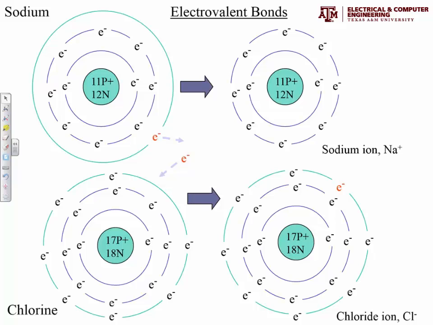When it loses an electron, it acquires 1 positive charge, so it becomes the positively charged sodium ion. The chlorine atom, before gaining an electron, was electrically neutral. When it gains 1 electron from the sodium atom, it becomes the negatively charged chloride ion. This one is positively charged, this one is negatively charged, so they are naturally going to attract each other. And so the molecule is held together by the forces of electrostatic attraction.